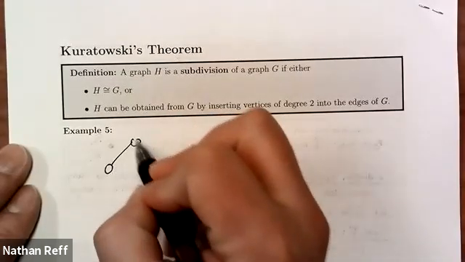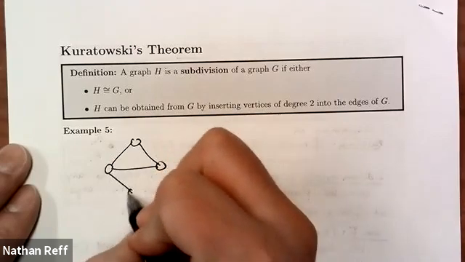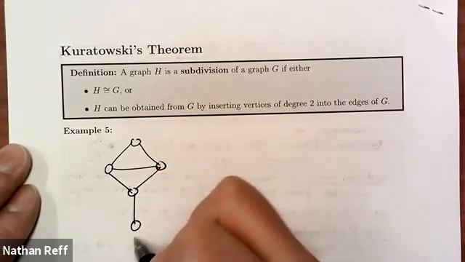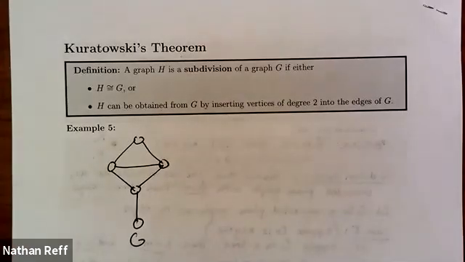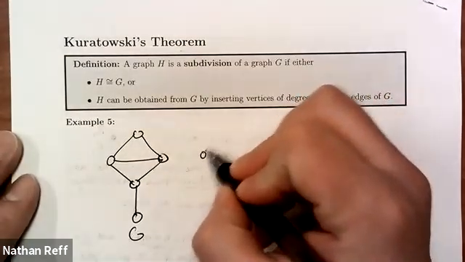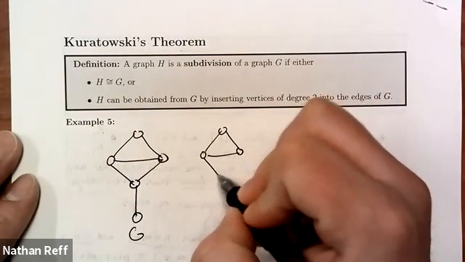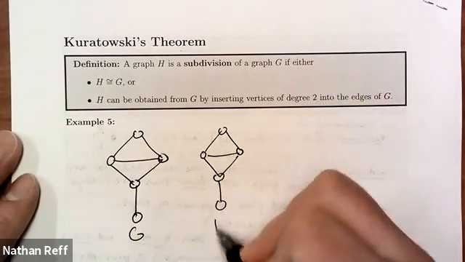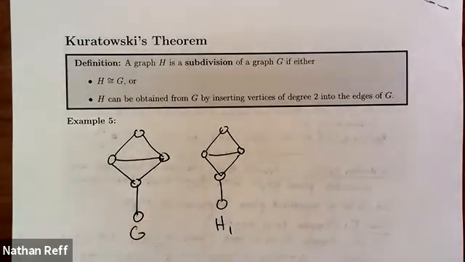Let's say that I have this graph, G. Let's draw some subdivisions. One subdivision I can draw is exactly the same; that's a trivial subdivision.